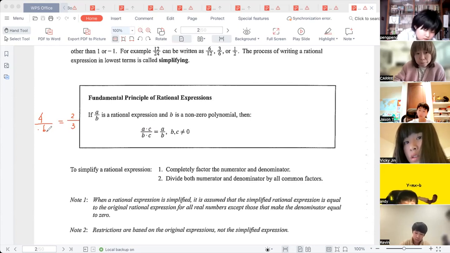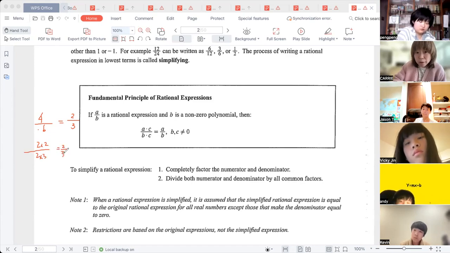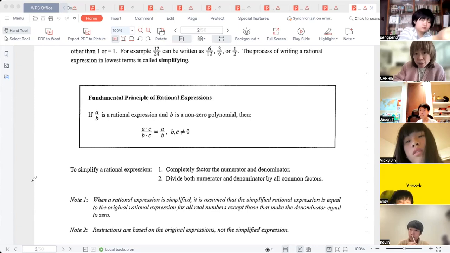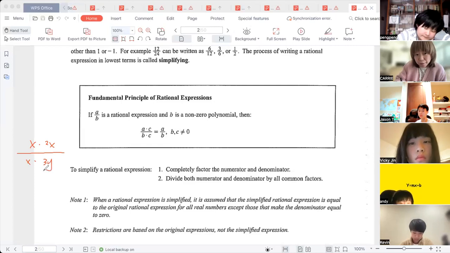Okay, very good. So why is it like that? Because it's 2 times 2 over 2 times 3 equals 2/3, right? But sometimes the common factor could also be a variable. For instance, we have x times 2x over x times 3y.